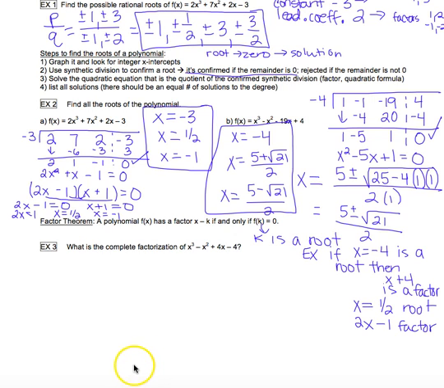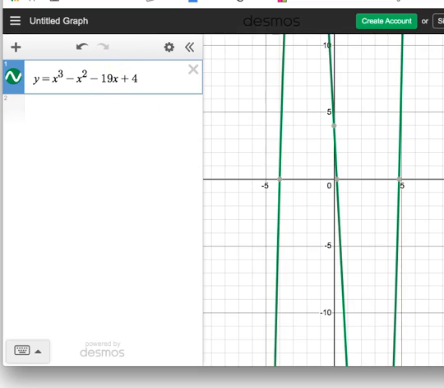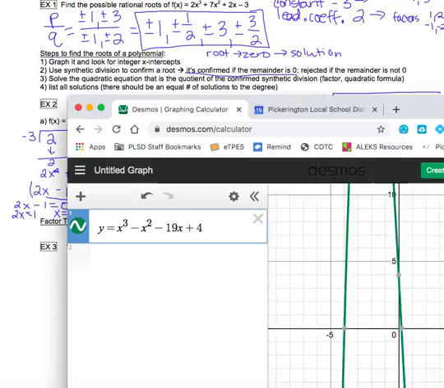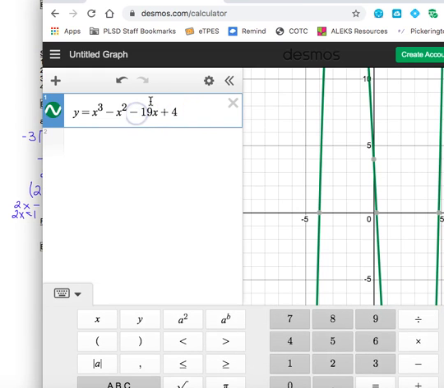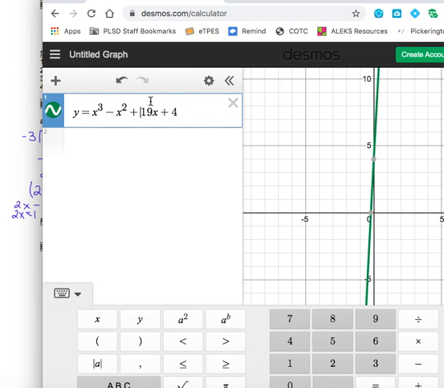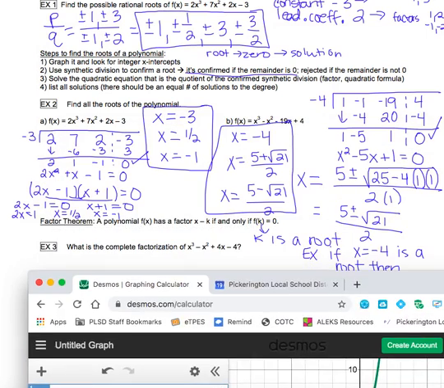So sometimes we will be asked to write the complete factorization as opposed to being asked to find the roots or find the solutions. Now we're going to start out the exact same way. I'm going to take this equation and graph it first. So x cubed minus x squared plus 4x, and then was it a minus 4?